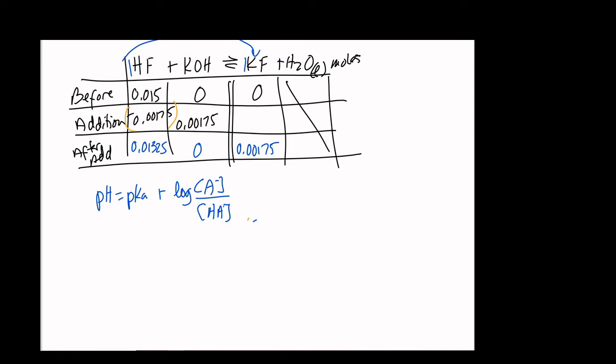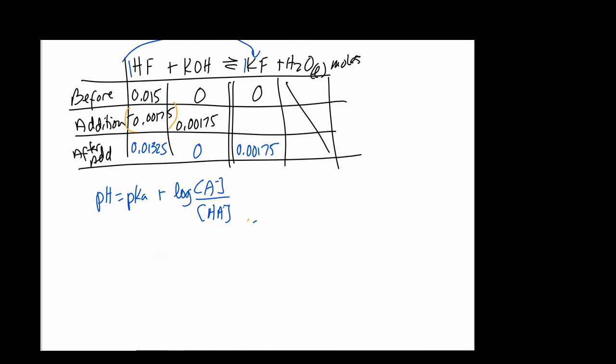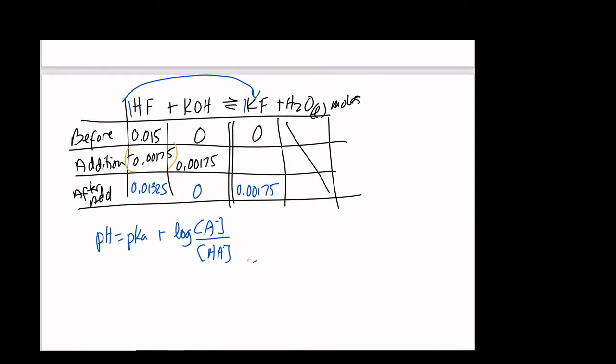Now, we can go ahead and set up a Henderson-Hasselbalch equation. Remember, the Henderson-Hasselbalch is pH is equal to the pKa plus the log of the concentration of A minus over HA. Now, you might think I can't just plug moles directly in here, but remember the volume is the same on these.